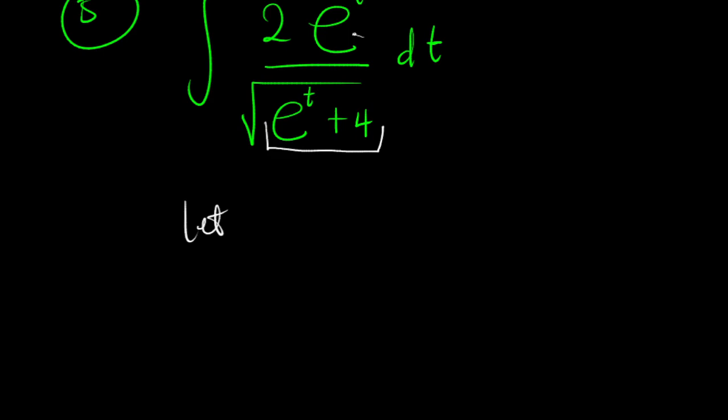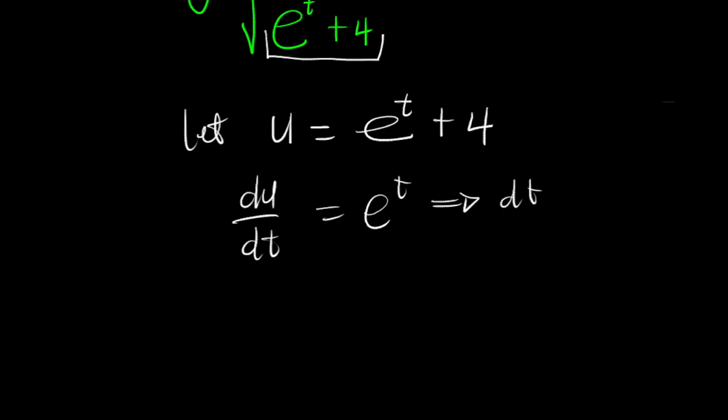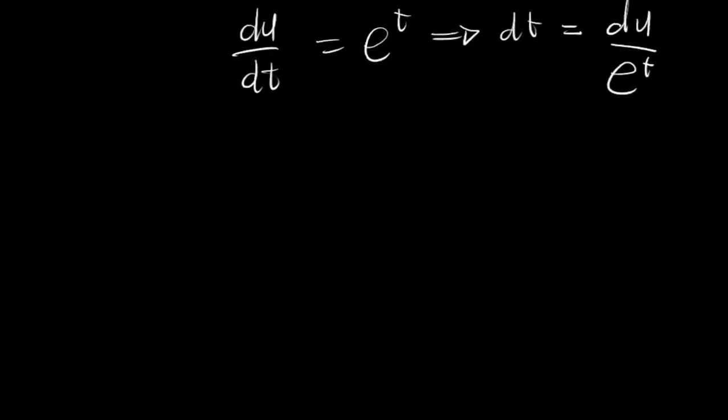We say let u be equal to e^t + 4. That means du/dt is equal to e^t, which implies that dt is equal to du over e^t.